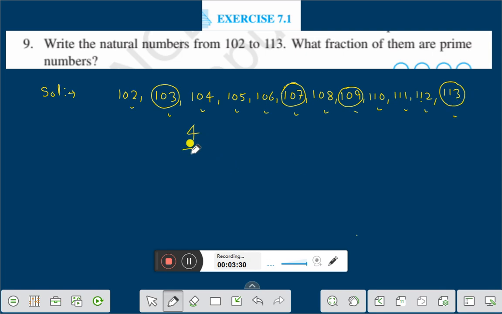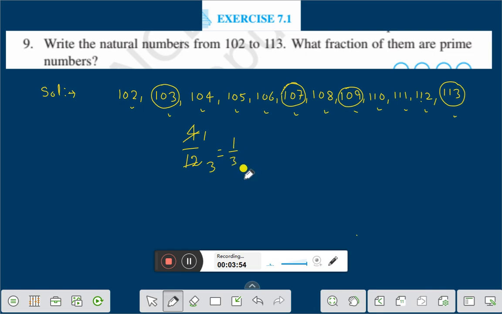That is 4 by 12. Right? If we change it into lowest terms, that is 4 1s are 4 and 4 3s are 12. That is equal to 1 by 3.